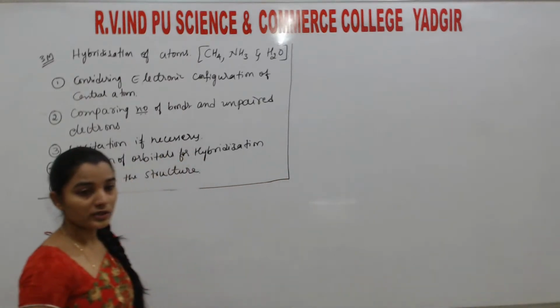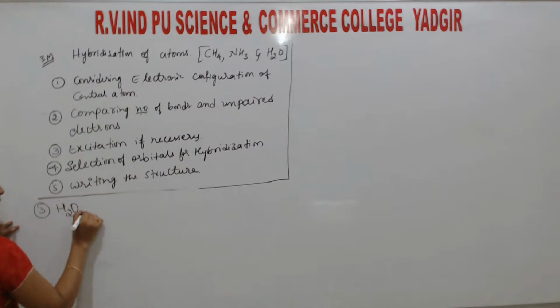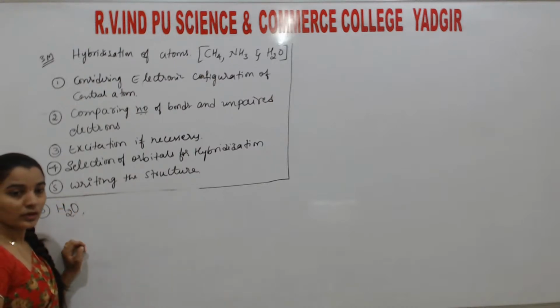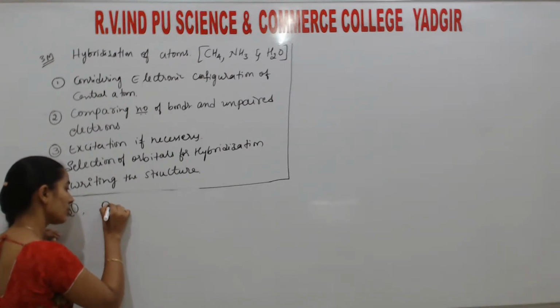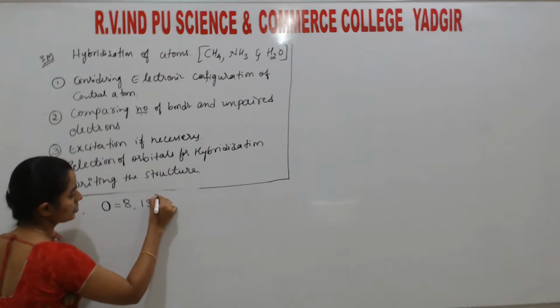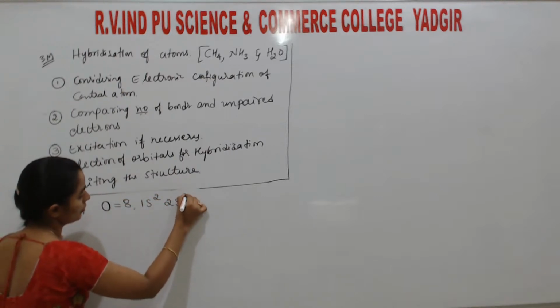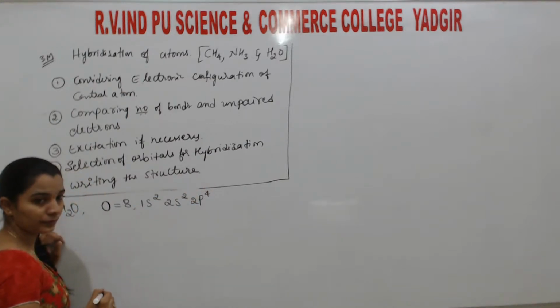Okay, so the next one, the third one, is H2O. In this H2O molecule, the central atom is oxygen, atomic number 8, and the configuration is 1s2, 2s2, 2p4.